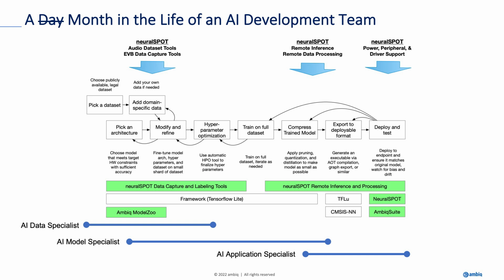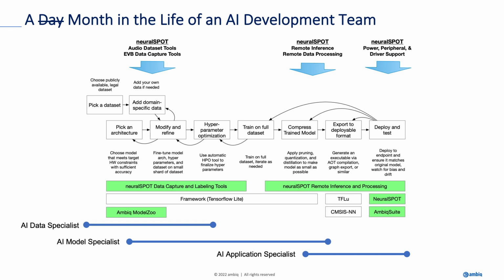You start thinking about what kind of neural architectures best operate on that data. Then you start refining it. You've tried a few architectures, you refine those architectures, you pick the best one, maybe you train on the full data set, you increase your accuracy, then you compress it, and then you deploy it to your EVB.